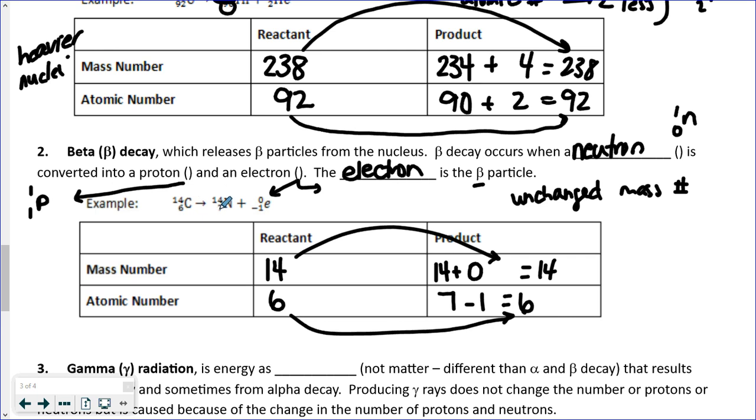So an unchanged mass number, but atomic number increases by 1. So that's beta decay. Again, a beta particle is an electron.